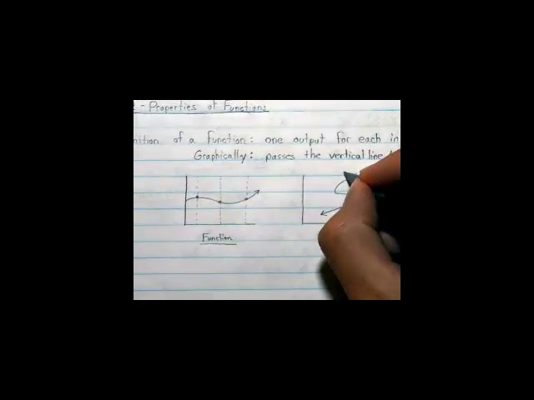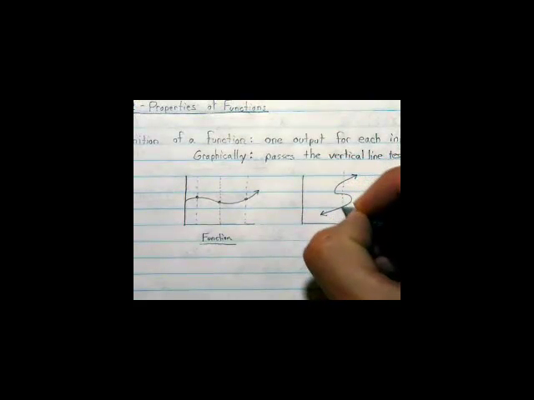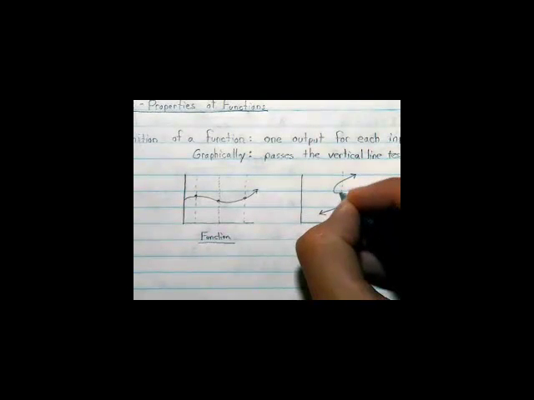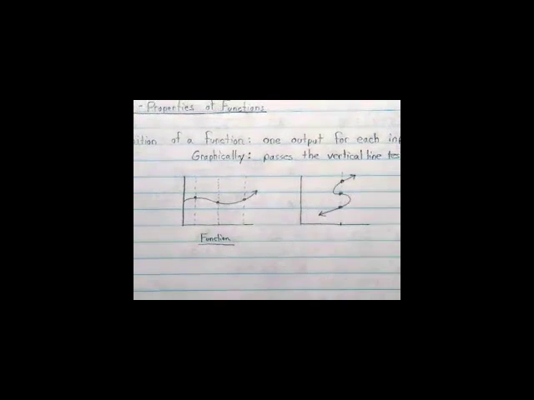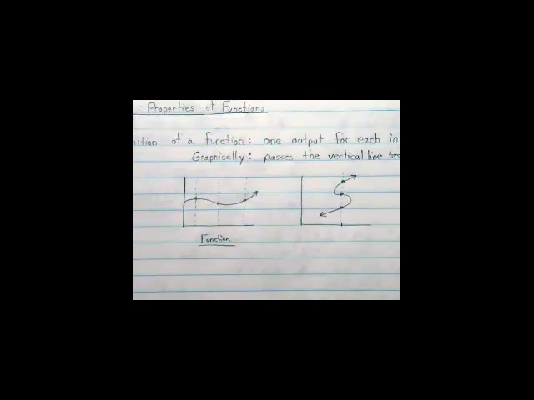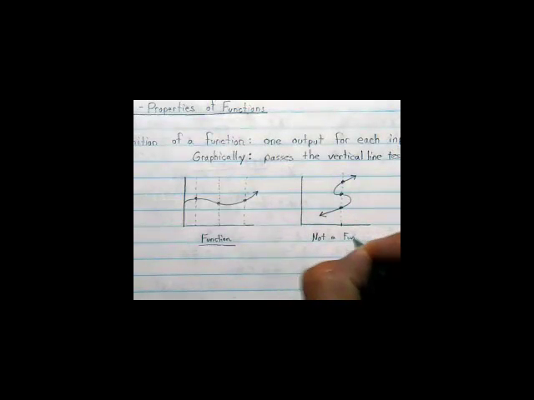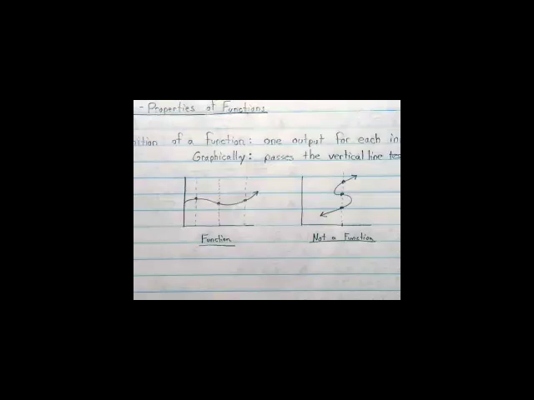For this specific input right here, I'm getting 1, 2, 3 outputs. That does not fit the definition of a function, so that's not a function. Graphically, that's how you can check it, and we'll be doing a bit of that.